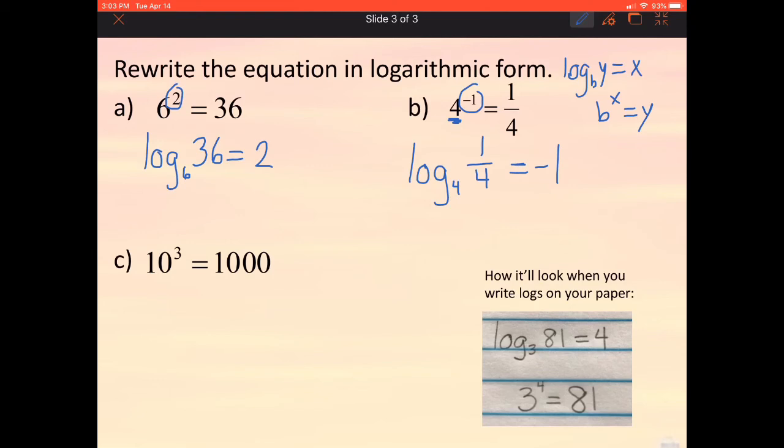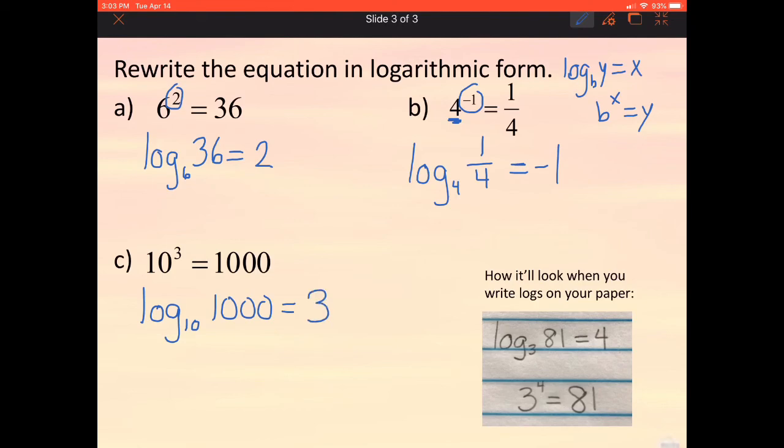All right, and our last one. See if you want to pause it and give it a try. Go ahead. All right, let's see how you did. My base is 10. So log with base 10 of 1,000 equals my exponent of 3.